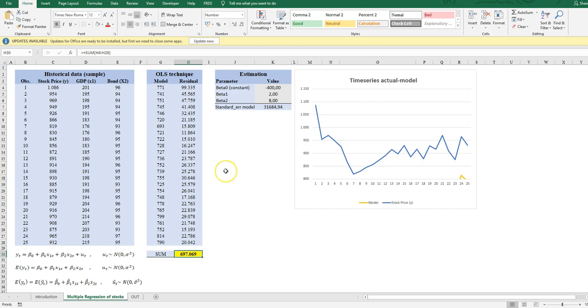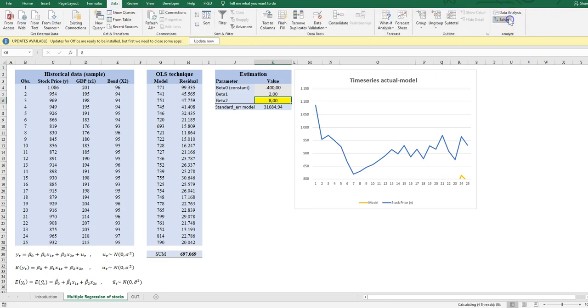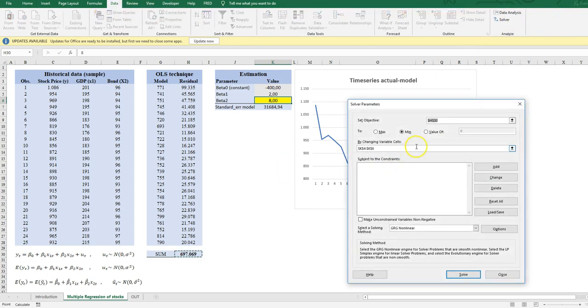I can do that in a couple of ways. I could use some matrix notation, but I will not do that here. I will rely on a solver technique, which we find in Data, Solver.